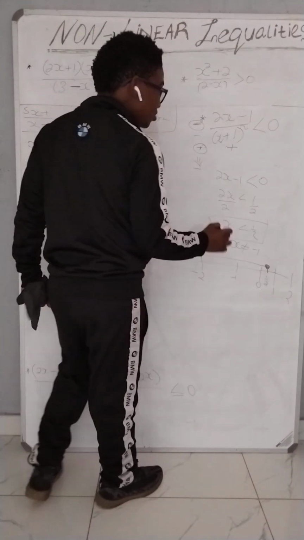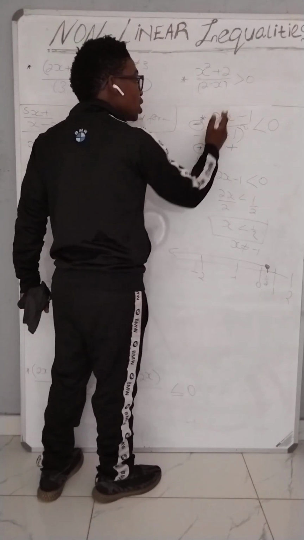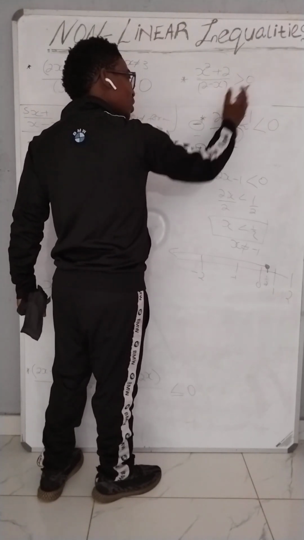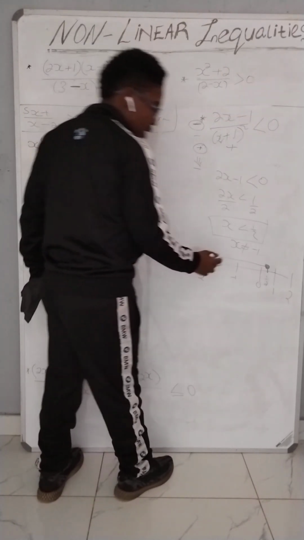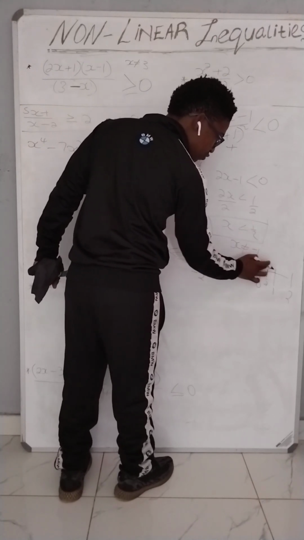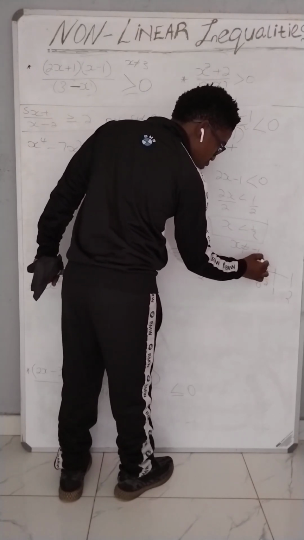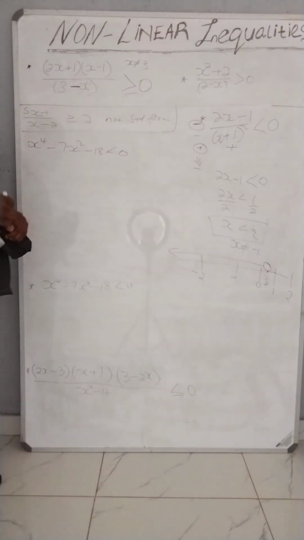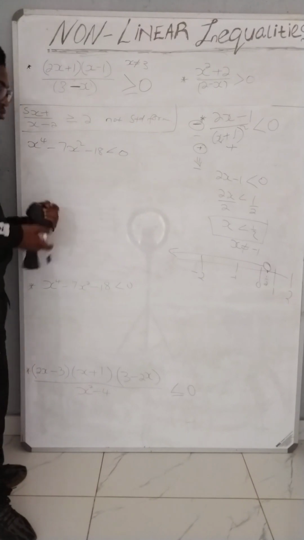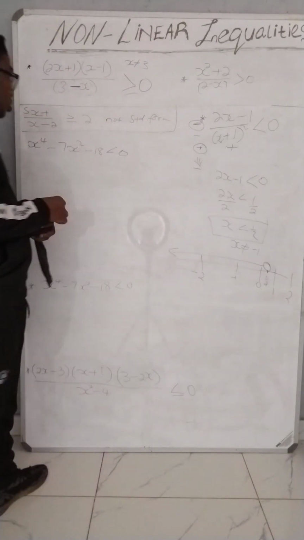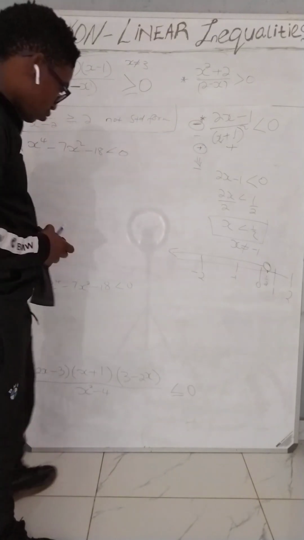But let's see if x can be half. Half times 2 is 1. 1 minus 1 is 0. So you cannot have x as half. It's not equal to half. It is less. Okay? So that is your answer there for this one.